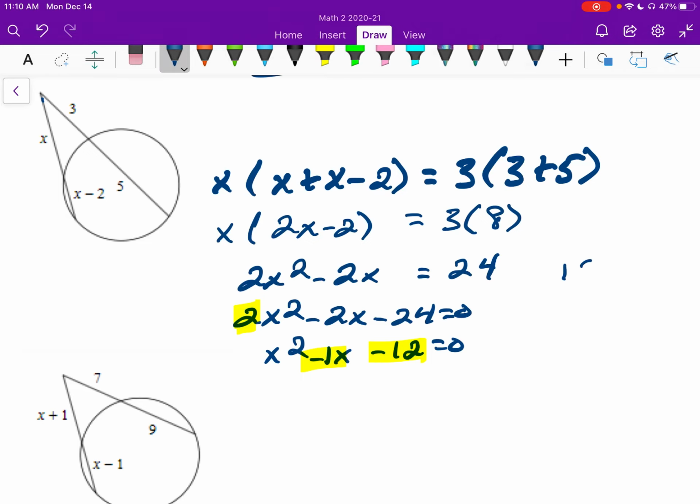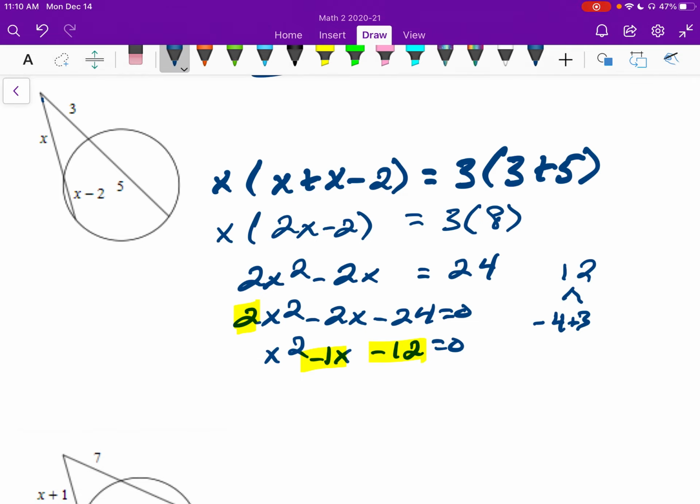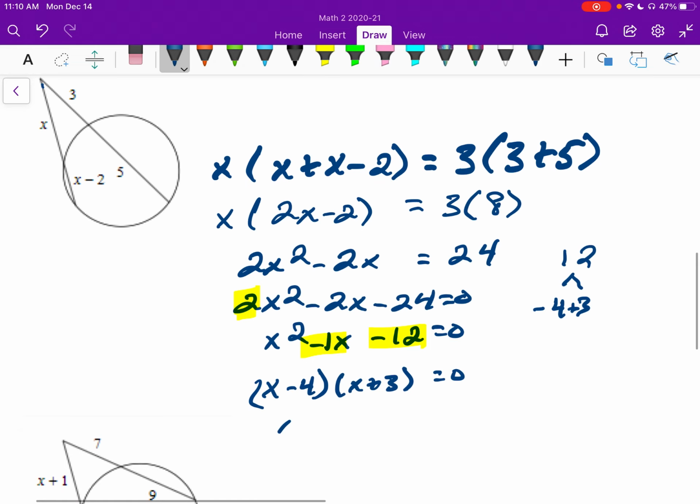So we have to make our factor tree for 12. 4 and 3 works in there. If we did a negative 4 and a positive 3, we'd be able to get our negative 1. So let's say x minus 4, x plus 3. So x equals negative 3 or 4.